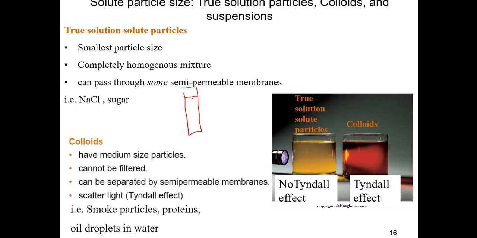There are ones with very small holes, and the holes are so small that they may allow salt ions to go through, but maybe they don't allow bigger molecules such as sugar molecules, which are a little bit bigger. And then we have larger semi-permeable membranes, which have bigger holes in them, which could allow sugar particles to pass through, but they wouldn't allow larger molecules such as protein molecules, which may be really big.